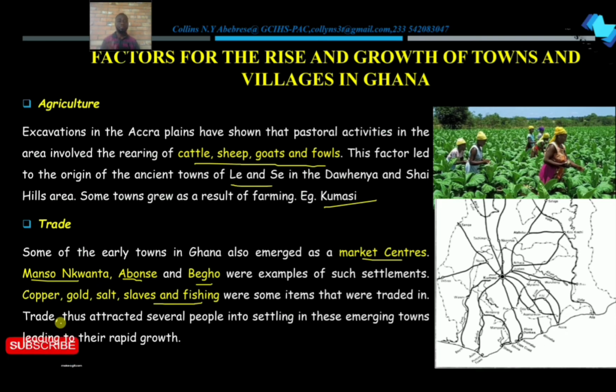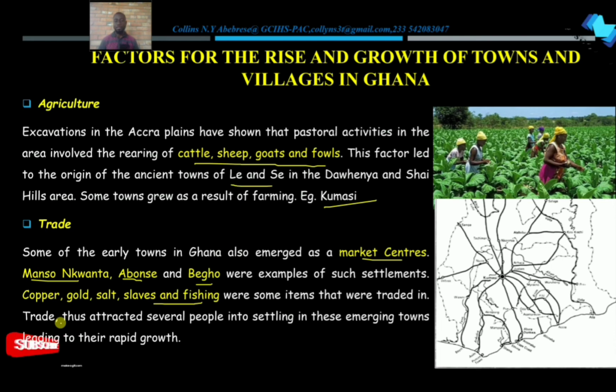All right, and Abonze, Begho, and Manson Kwanta were all noted as market centers. Now, Asesewa, if you can recall a market day in Asesewa, became very famous because of the trade that was going on there. So market centers mainly become very large because they attract a lot of people.